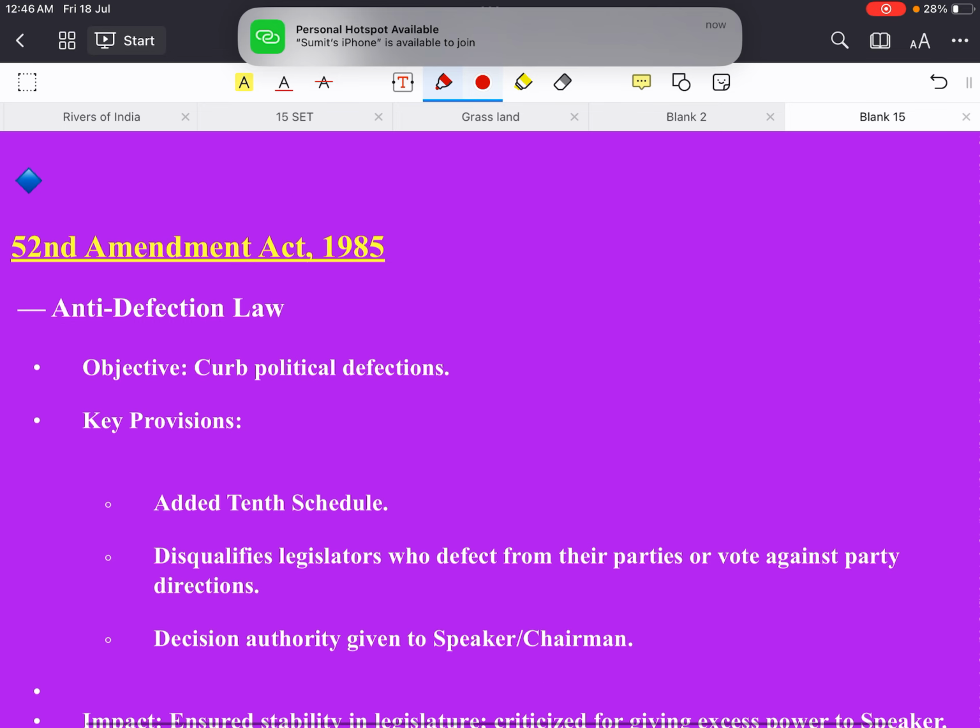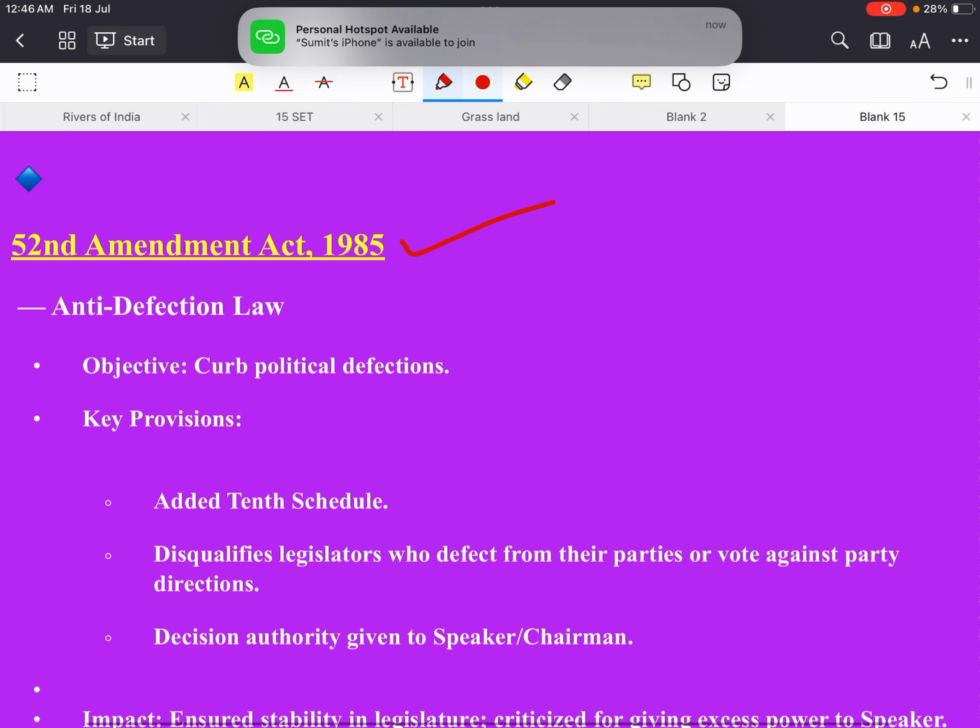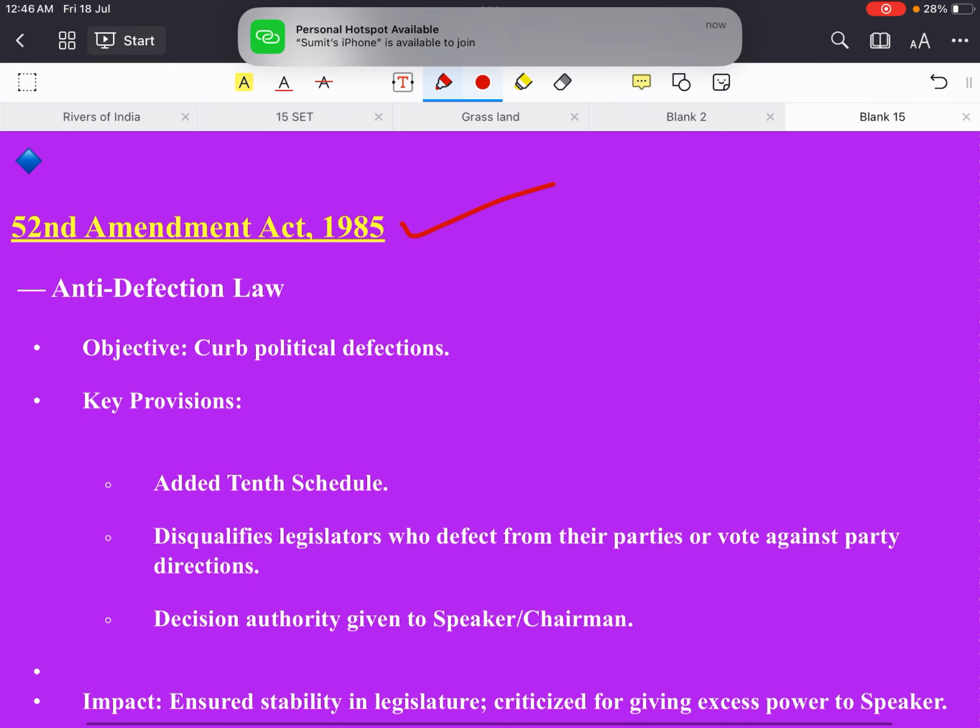Next comes the 52nd Constitutional Amendment Act 1985. What is this? That is the anti-defection law. Its objective was to curb politician defection. What were the key provisions? By the 52nd Constitutional Amendment Act, the 10th Schedule was added.